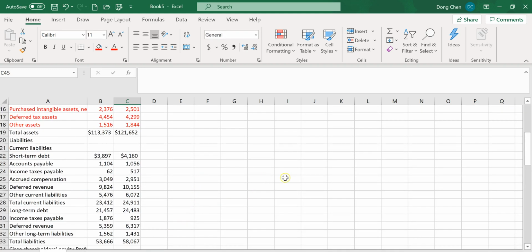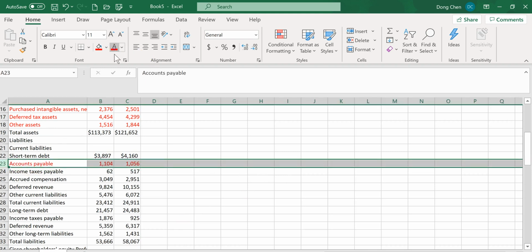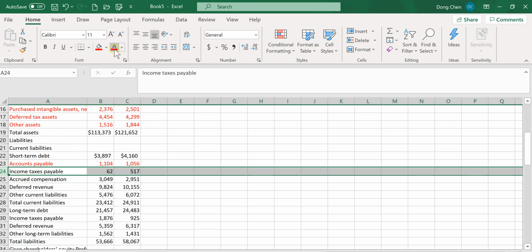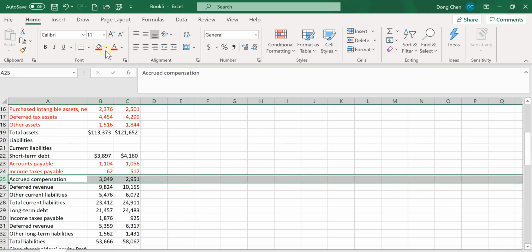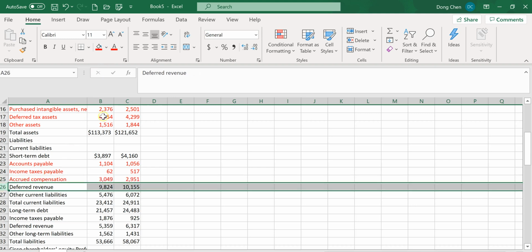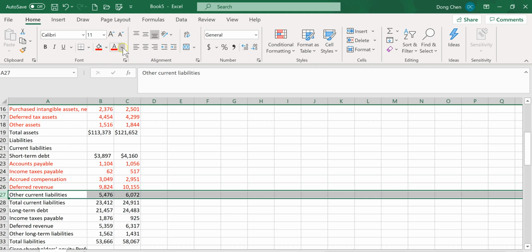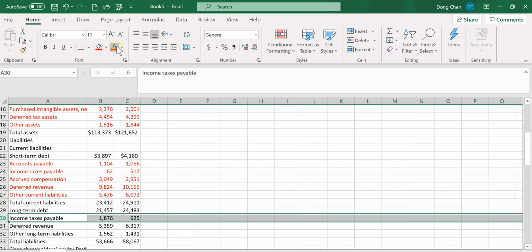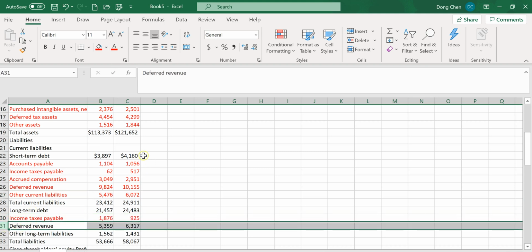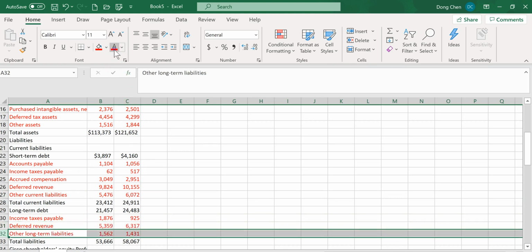Then let's go to the operating liabilities. This starts from accounts payable, income taxes payable, accrued compensation, deferred revenue, and other current liabilities. Long-term debt is financing related, so it's not operation related. Then deferred revenue and other long-term liabilities.